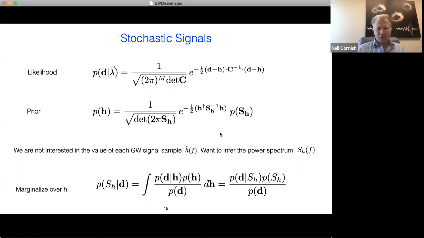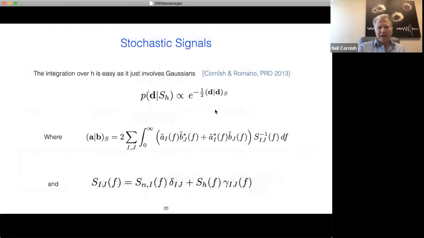It's stochastic. What we're actually interested in is the power spectrum, for example. So what you can do is introduce a prior that says that the individual components are Gaussian distributed with this power spectrum. And then you just integrate out over the individual samples for that stochastic signal. And when you do that, what happens is that the stochastic signal moves from the numerator into the denominator.